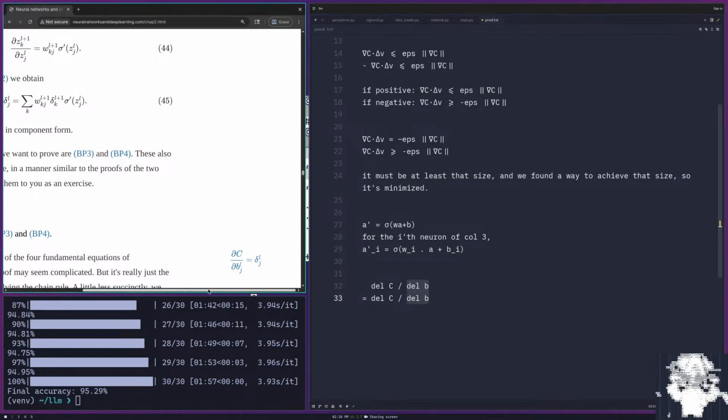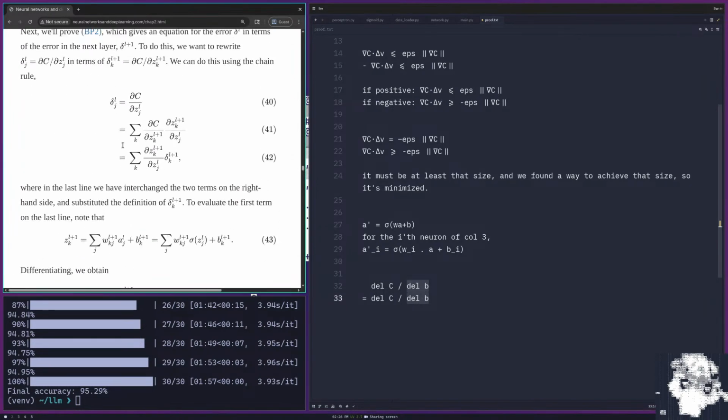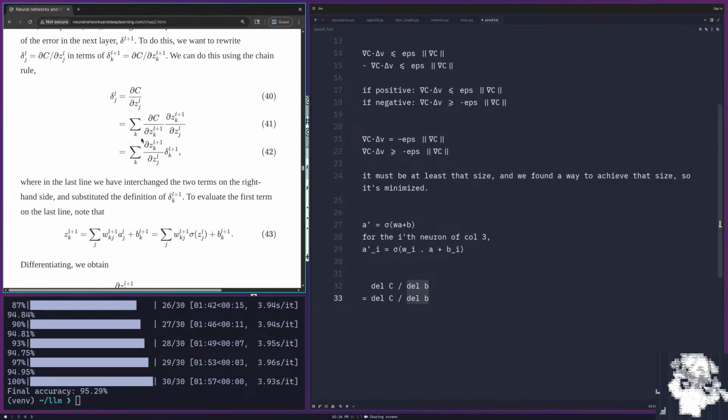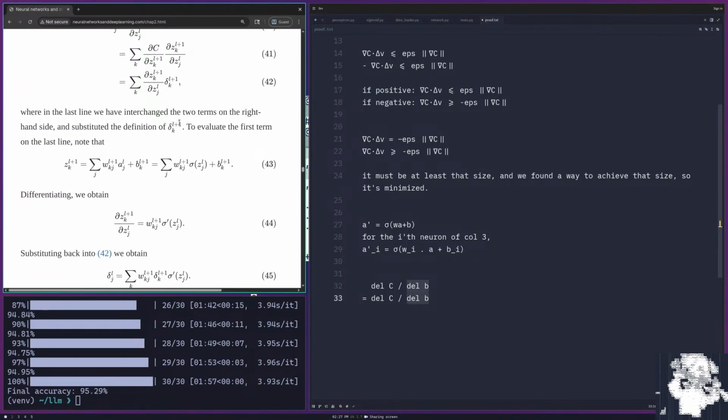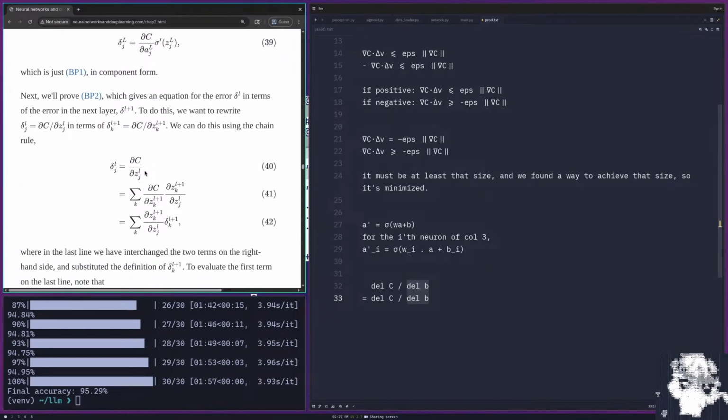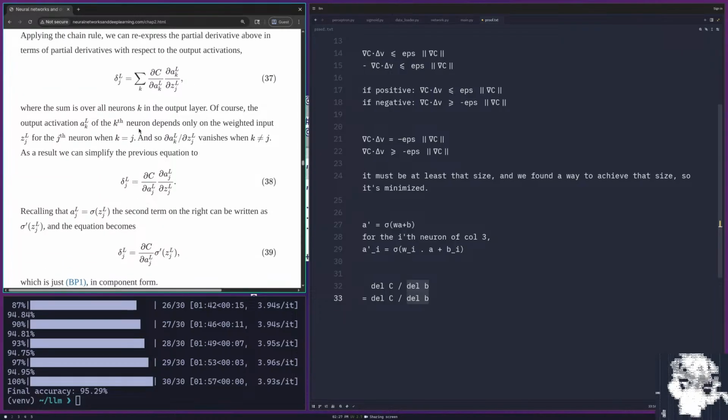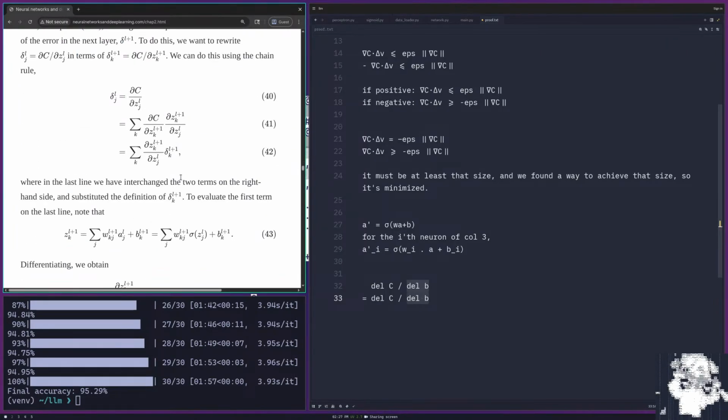We always were doing del z, right? Well, no, for here we put in z plus 1. For one of the other ones, I thought we put in the activation. Yeah, we put in the activation.